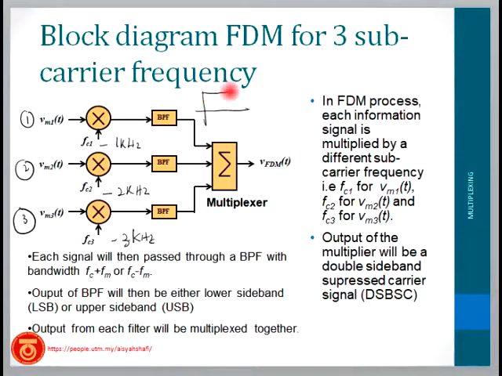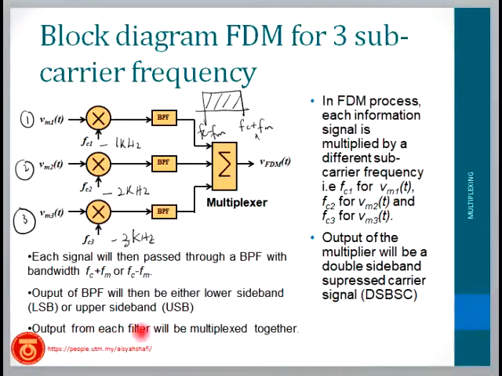So the band pass filter only allows the signal with FC plus FM and FC minus FM. The output of the BPF will then be either the lower side band, LSB, or the upper side band, USB.